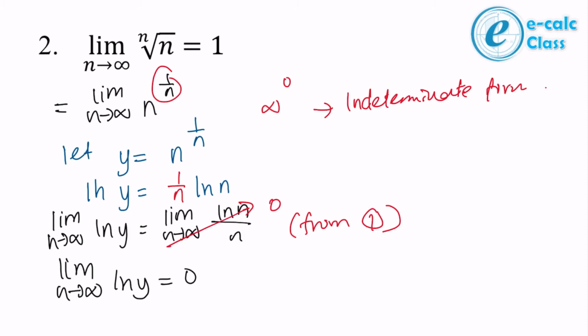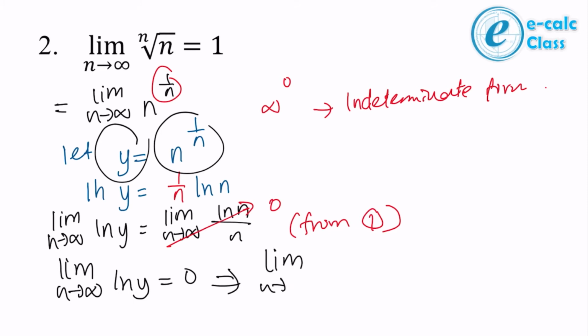But I want n to the 1 over n, which is y. So I need to do one more step. Remember your exponent rule. This will just be y equals e to the 0, and anything raised to the 0 power is equal to 1 by definition. Hence, the limit as n approaches infinity of y, what is your y?